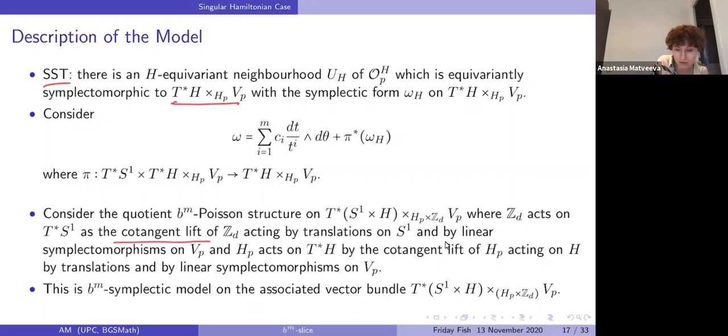I will comment later on what the cotangent lift is in our case. And once you have this, you get the BM symplectic model associated with the vector bundle.